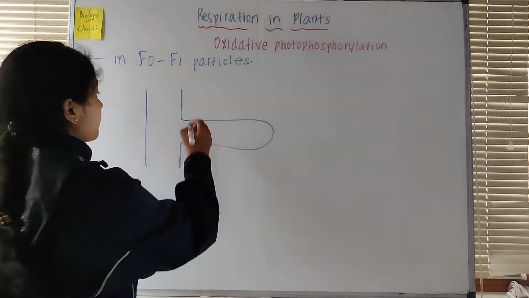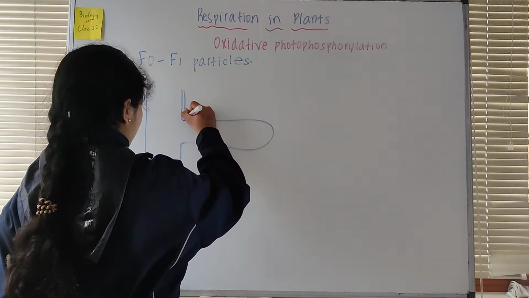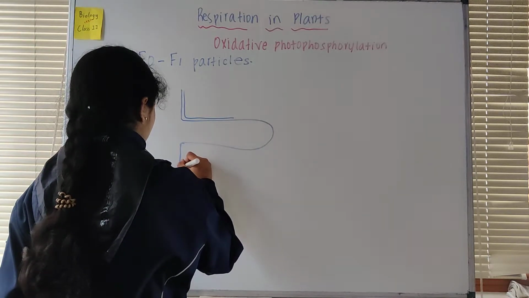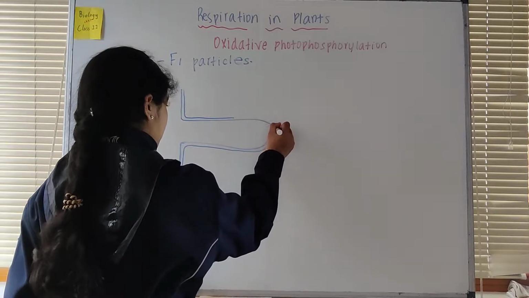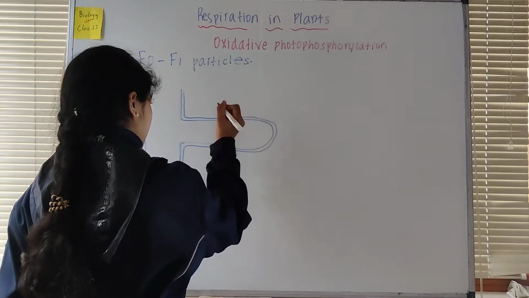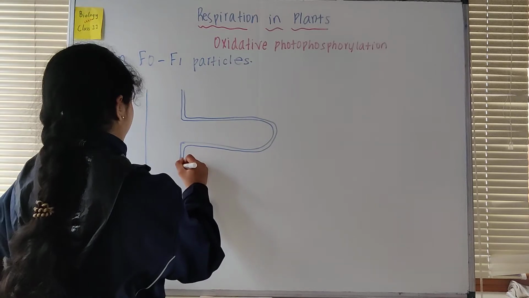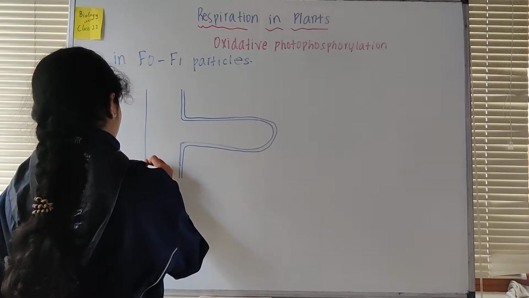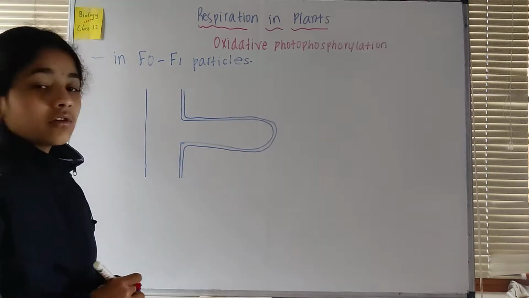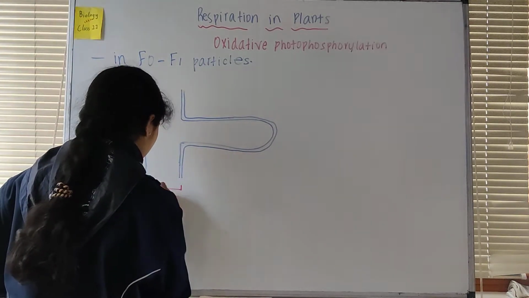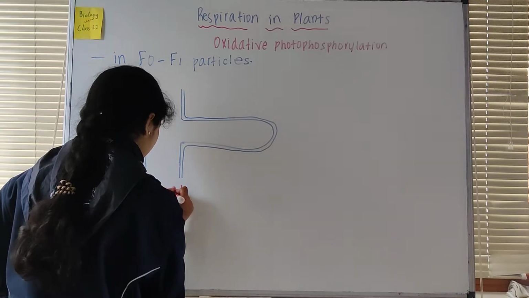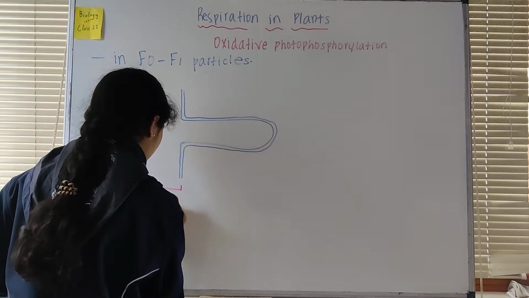this is the folding, and we have another membrane. This is the inner membrane. Like this. So if we want to label this one, this is the outer membrane of the mitochondria.